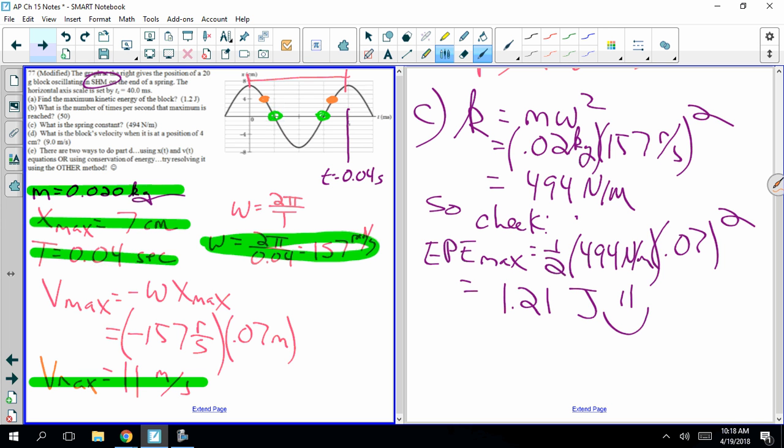Okay, so this is going to satisfy Adam's question before, all right? I will say that what we're about to do I don't think is the easiest way to solve this, all right? It works, but remember, question E says there are 2 ways to do part B. So this is one of the ways. I think the other way is easy. And let's do it just so that you know what's going on.